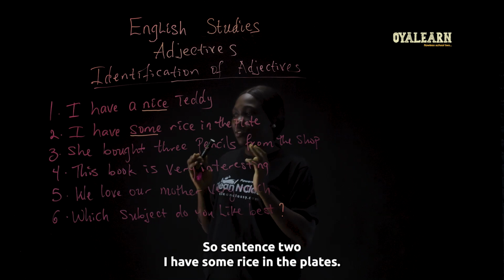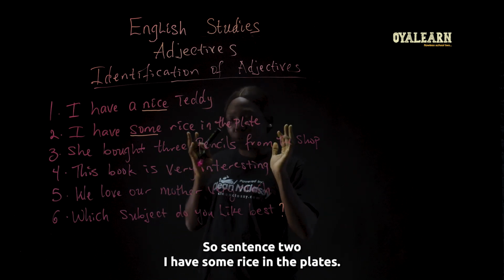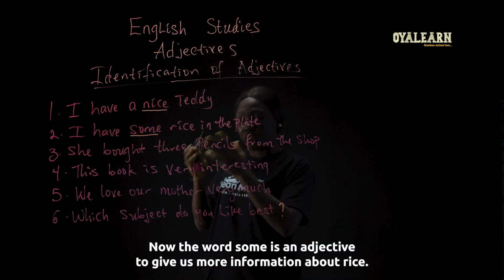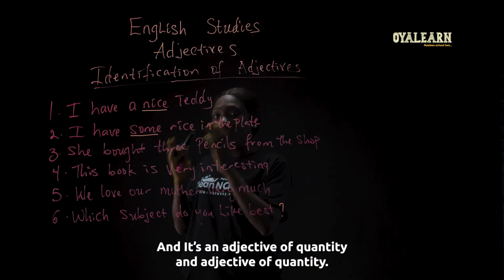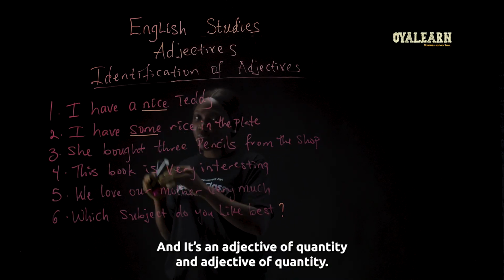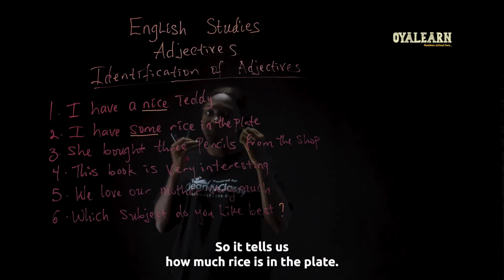All right. So sentence 2, I have some rice in the plate. The word some is an adjective, it gives us more information about the rice, and it's an adjective of quantity. It tells us how much rice is in the plate.